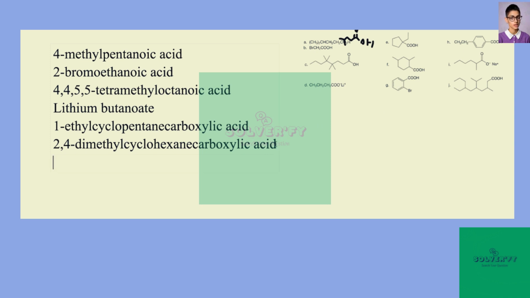Now what about for G, sorry. So for G, we have a benzene ring. So for G, we have benzoic acid. So we have a benzene ring with a carboxylic acid, and then ortho to it, we have a bromine. So we can say we have an o-bromobenzoic acid.